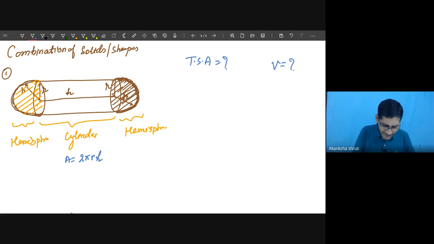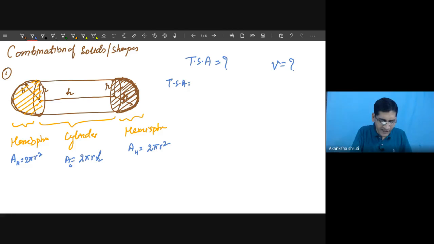And the area for this hemisphere is 2 pi r square. For this hemisphere also the area is 2 pi r square. Adding these two, we will get 4 pi r square. So total surface area, TSA.